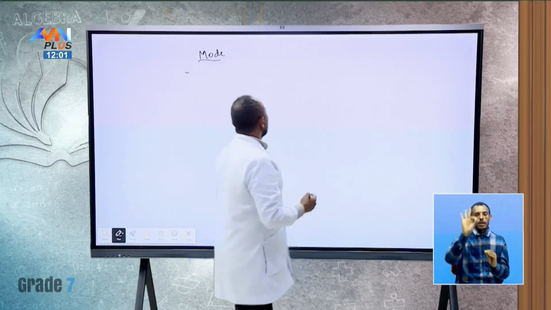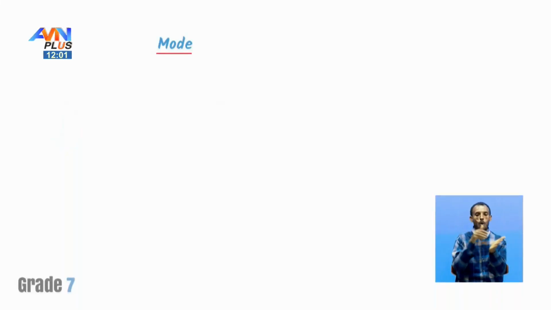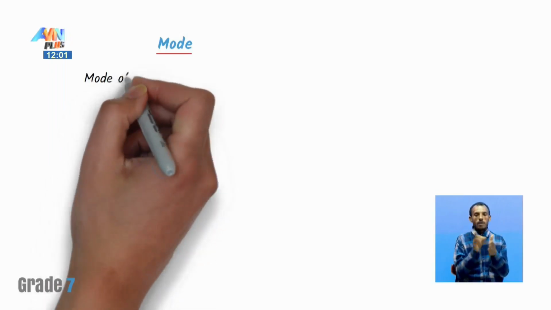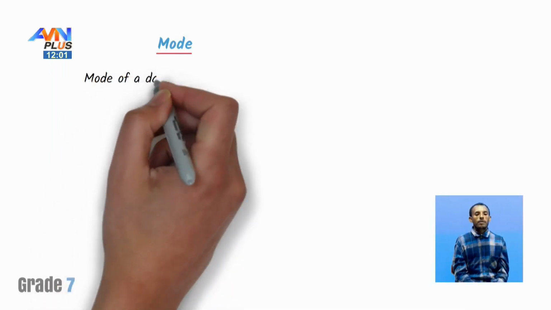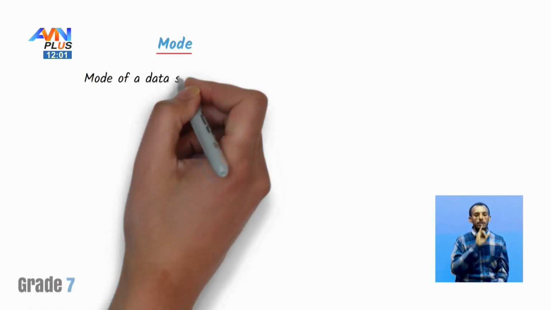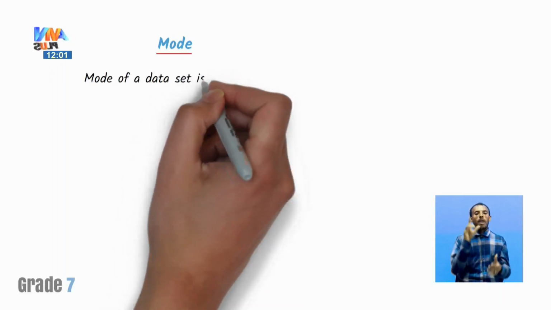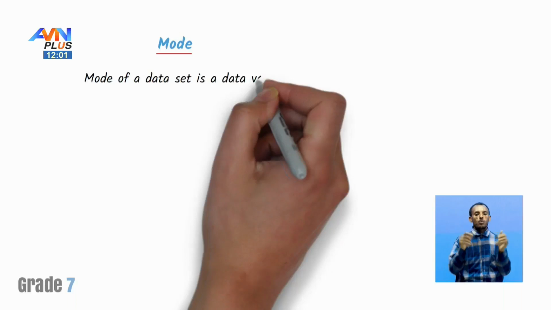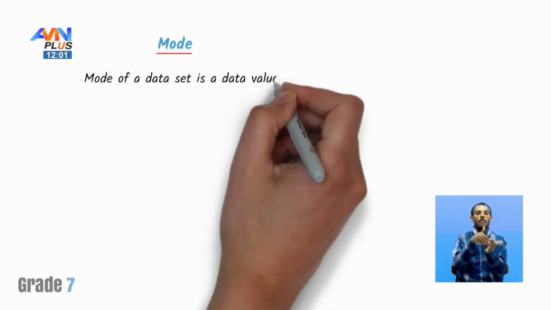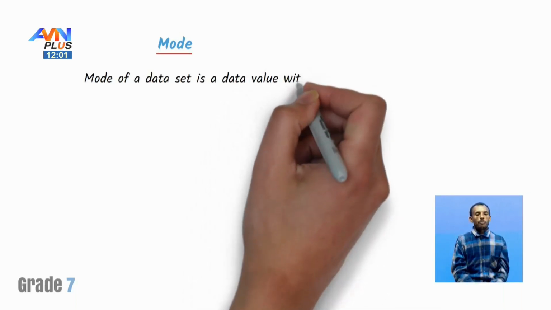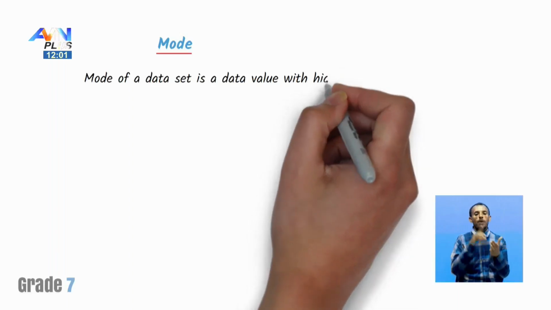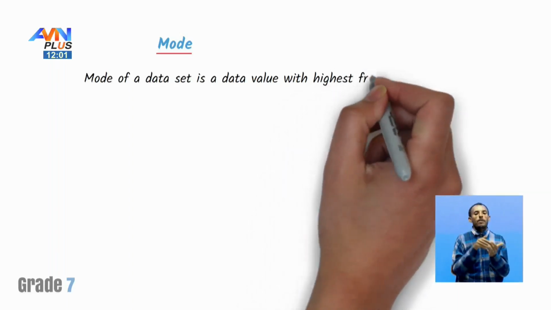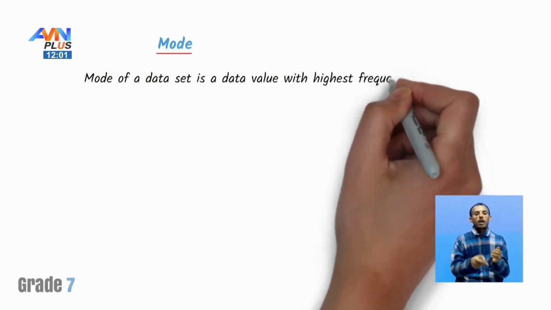Therefore, the mode of a data set is a data value with highest frequency.